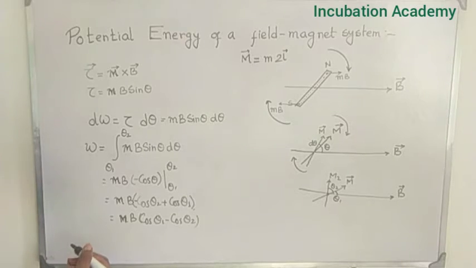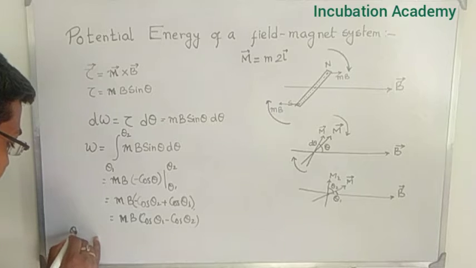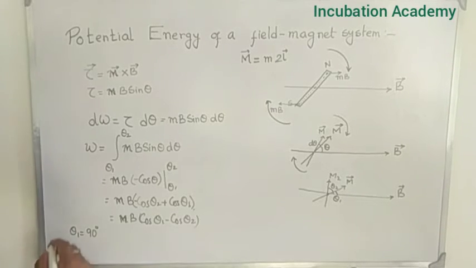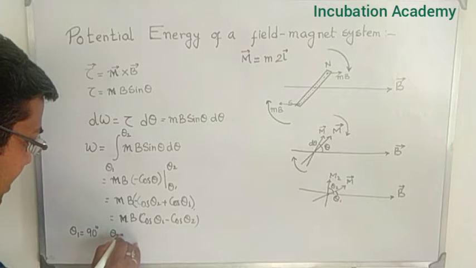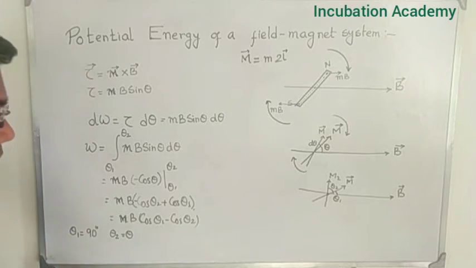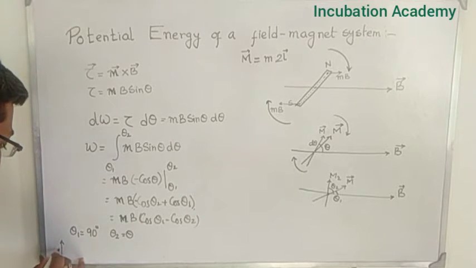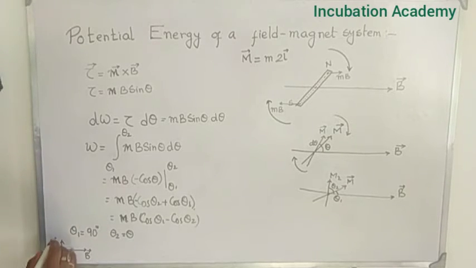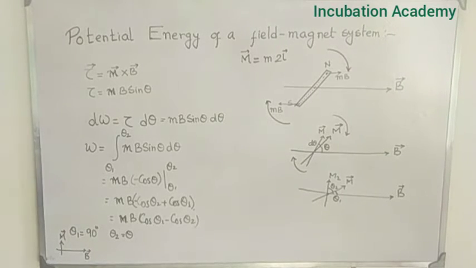So if I consider the magnet is initially at theta 1 equal to 90 degrees, and I want to align it in any orientation by making an angle theta with the magnetic field, this is the direction of the magnetic field, and this is the magnetic moment.